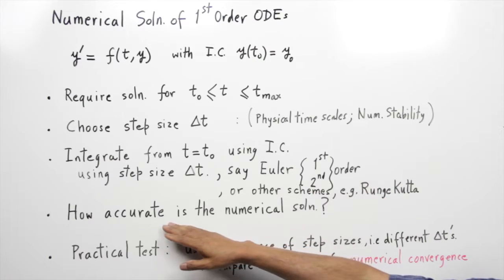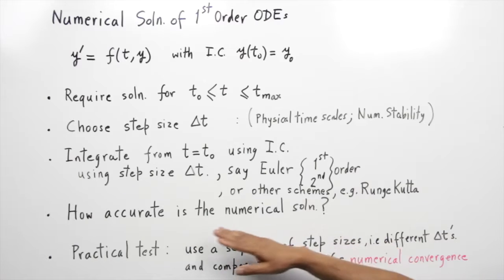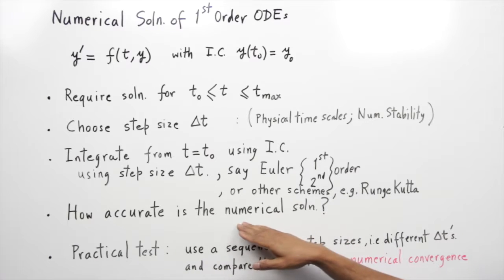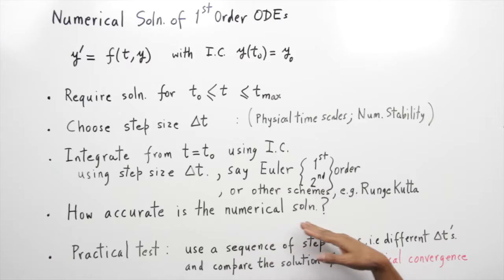Then, of course, once we have carried out this integration, we have to ask ourselves, how accurate is this numerical solution that we have obtained? For answering this question, we can think about a very practical test, a very pragmatic approach, where we say let's use a sequence of step sizes with different delta t's, and we integrate up to the time of interest, and we compare the solution over the time horizon of interest and see whether the solution we're getting is numerically converging.